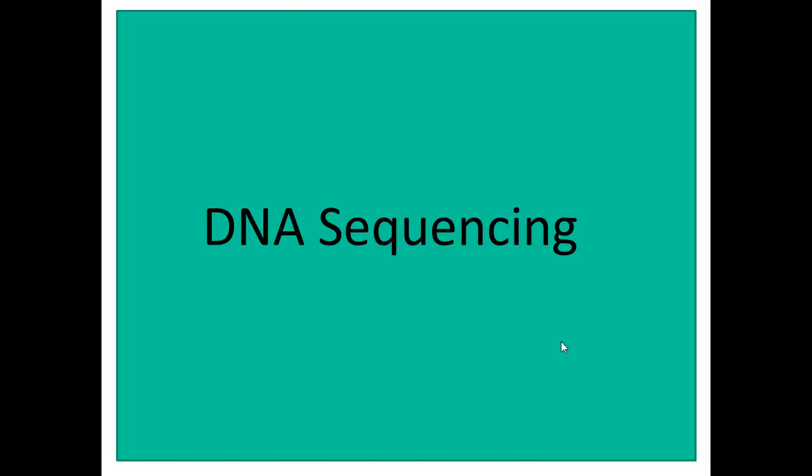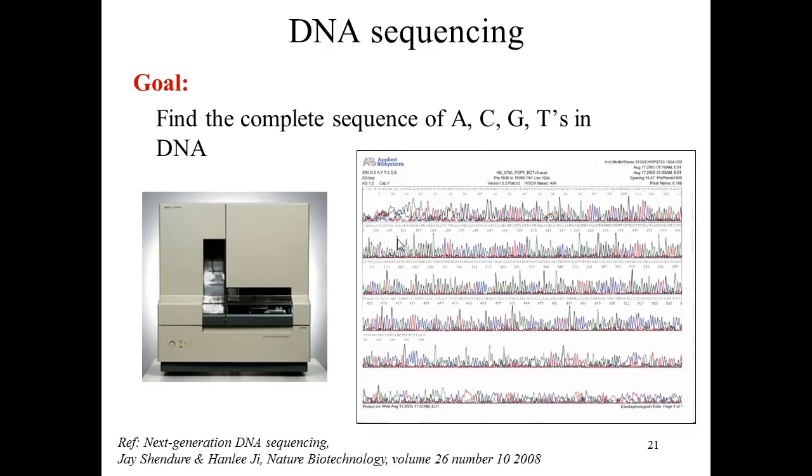We next discussed in detail DNA sequencing. The goal of DNA sequencing is to find the order of A's, C's, G's, and T's in a DNA, and we did this primarily by using the technique of Sanger sequencing, also referred to as dideoxy sequencing, also referred to as chain-terminator sequencing.